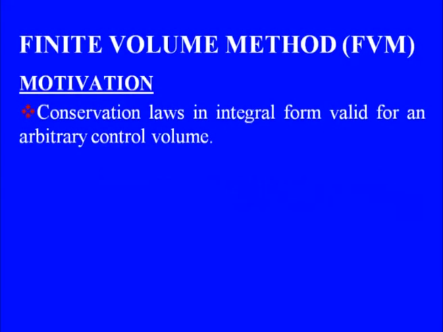Now what is the basic motivation of finite volume method? If you remember, we learned in our mathematical modeling that we have the basic conservation laws of physics expressed in an integral form. This is how we derived it, starting from the conservation law expressed for a system to the corresponding integral form for an arbitrary control volume. So we already have a form of equation available, and the choice of control volume, we said, is arbitrary.